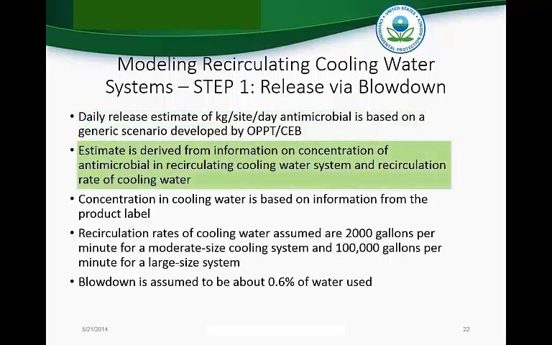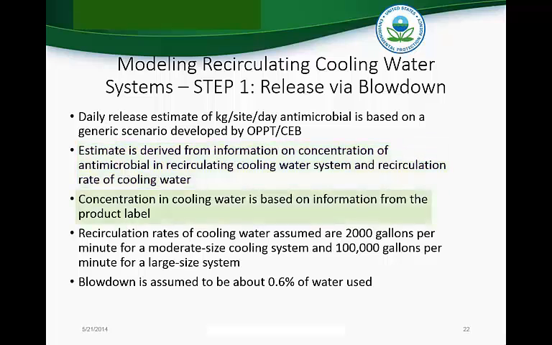The estimate is derived from information on concentration of antimicrobial in recirculating cooling water system and recirculating rate of cooling water. The concentration in cooling water is based on information from the product label. Information from the product label can include both initial treatment and maintenance applications.